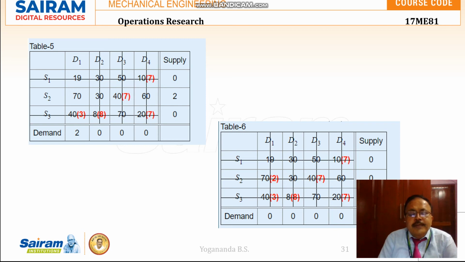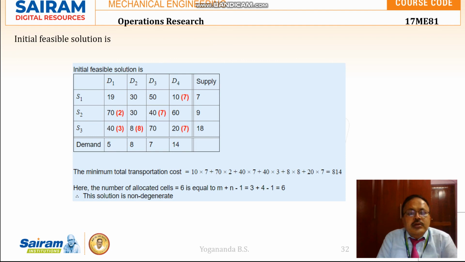Finally we have the allocations here: 10 into 7, plus 70 into 2, plus 40 into 7, plus 40 into 3, plus 8 into 8, plus 20 into 7, which gives 814. The number of allocated cells is 6.